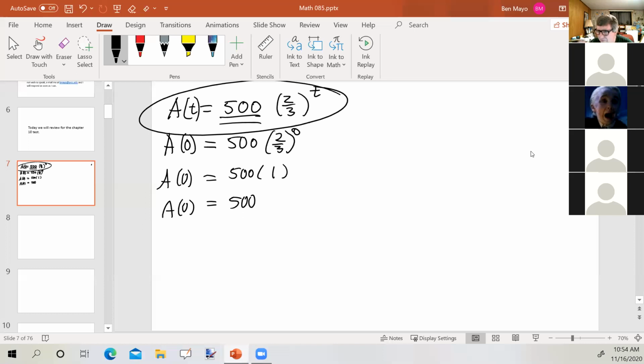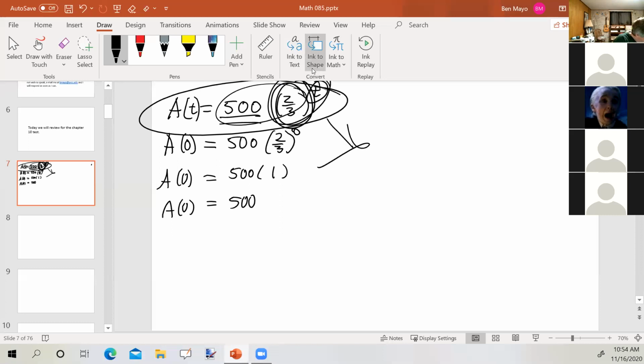Bingo. Less than 1. So the base is between 0 and 1, so it's going to decrease. Each time t increases by 1, you'll take the whole result and multiply it by 2/3. Something times 2/3 is going to be less than it was before. So if the base on the exponential part is between 0 and 1, this thing's going to decrease.